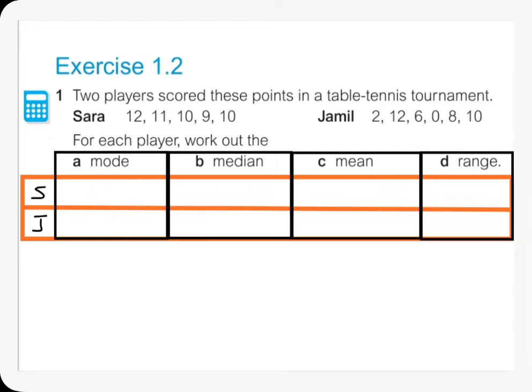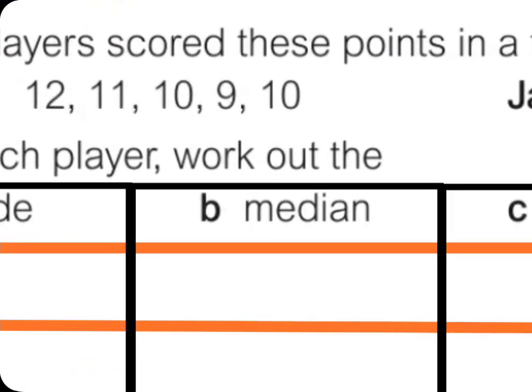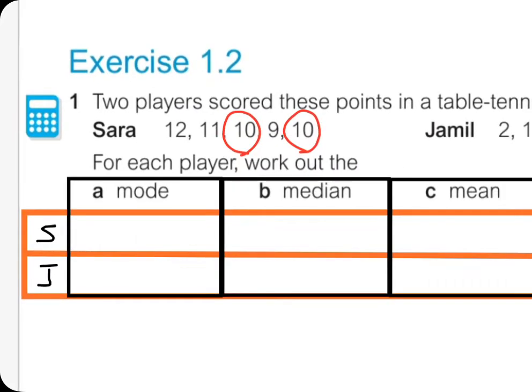For example, when we look at Sarah's data, we can find that 10 is repeated 2 times, but the other data is only once. So the answer for the mode for Sarah is 10, because mode is the most frequent data.